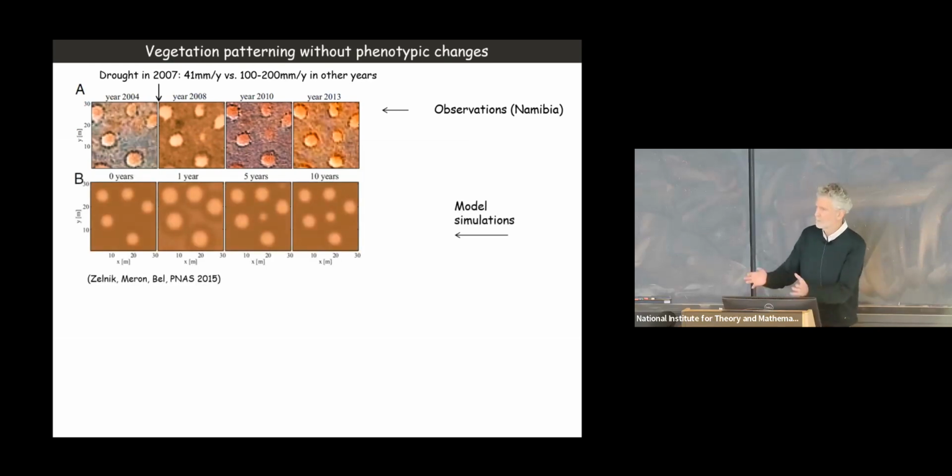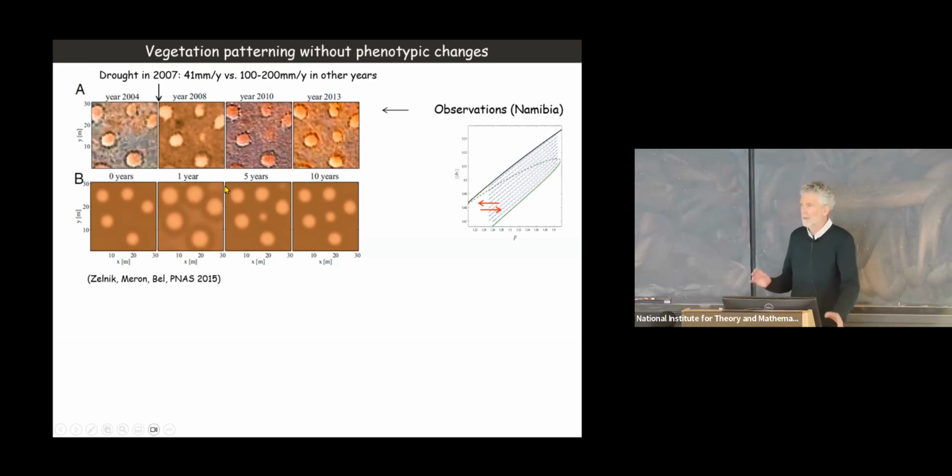What we did, we took the model, we took the initial distribution of fairy circles, as observed, as initial conditions for the model simulations. And lo and behold, when we mimicked a drought, we get a fairy circle born where it was missing here.